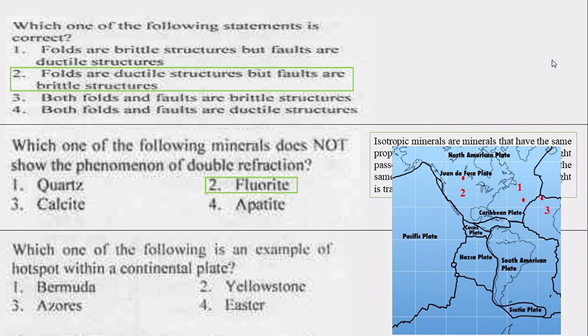Azores lies here, somewhat near the mid-Atlantic ridge on the eastern side, and Easter Island lies somewhere near this point, near a plate boundary. So out of the four, three are near the plate boundary, and one is at the center of the plate, and that could be due to a hotspot, and that is Yellowstone. You got it clear? So if you know plate boundaries, you can find out the answer.